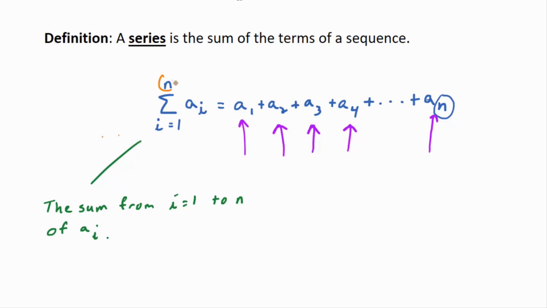This n up here is called the upper limit on I. I is the index. 1 is the lower limit. That's where I starts. Is it always going to stay I? No, it really doesn't matter what letter you use there, because when you actually compute the sum, it disappears. It's just an index. It keeps track of where you're at. That's what an index does.